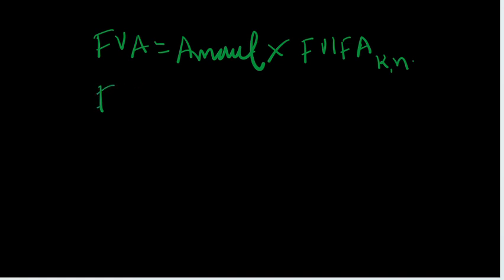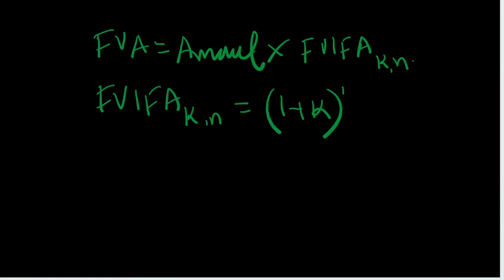And the future value interest factor of annuity at the rate of interest K in n periods is calculated as 1 plus K raised to n minus 1 divided by K. And in this question, we have each of those requirements for us to calculate this. And a reminder that K in this case is a rate of interest, and N is the number of periods.